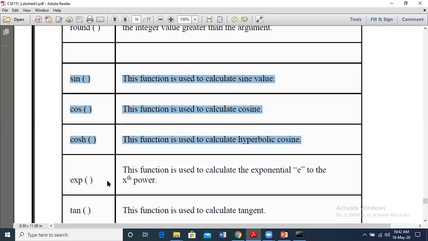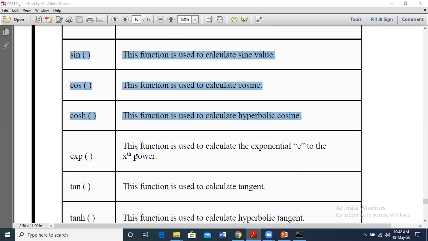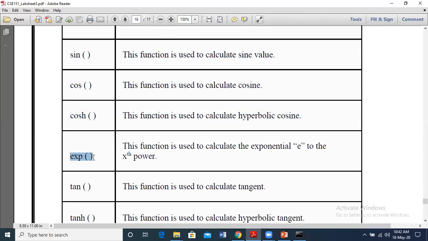Yeah. So next we have exponential, which is e to the power of x. We will see the working of these in the program as well. Exponential will return the exponent value to the power. So if we give 2, it returns e power 2, and if we give 20, e power 20.